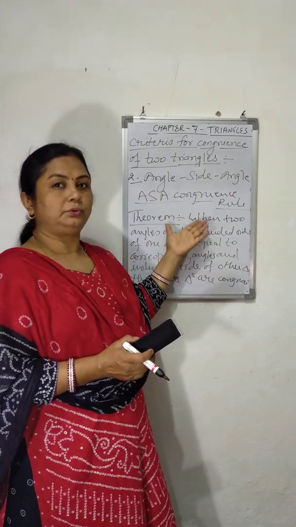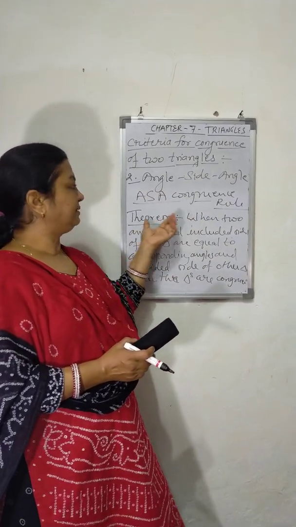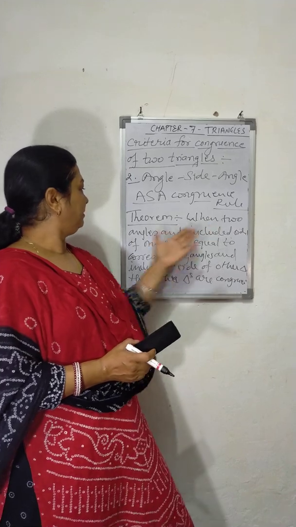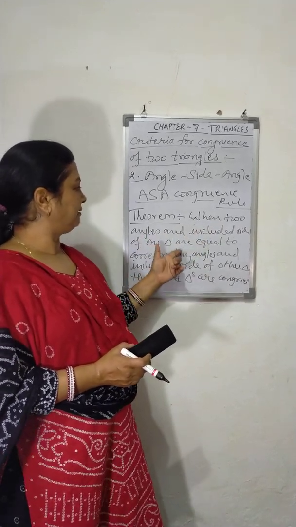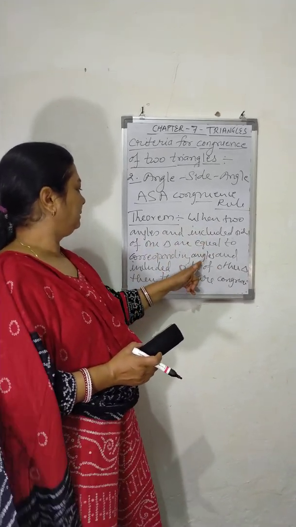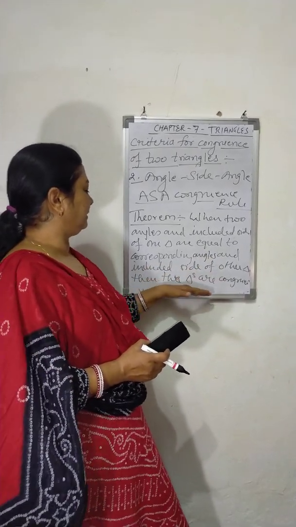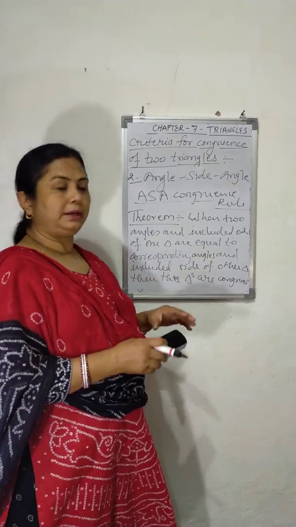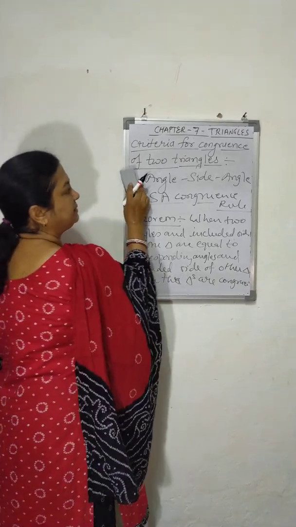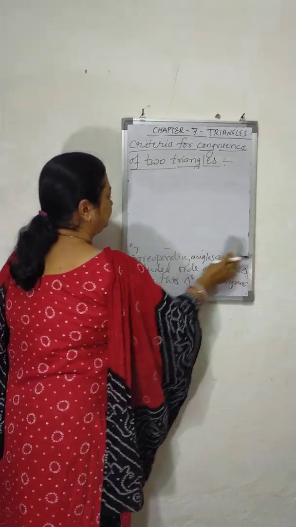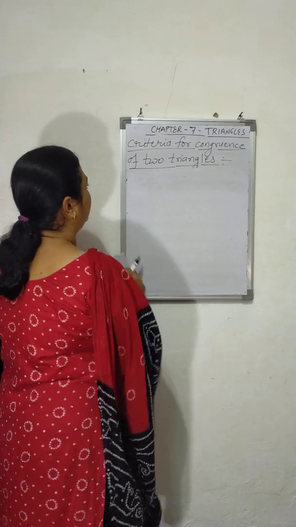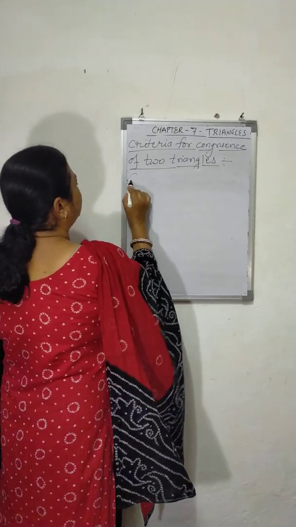So the ASA congruency rule is taken as a theorem, and the statement of the theorem is: when two angles and the included side of one triangle are equal to the corresponding angles and included side of another triangle, then the triangles are congruent. Now we will be proving this theorem. First of all, what is given?